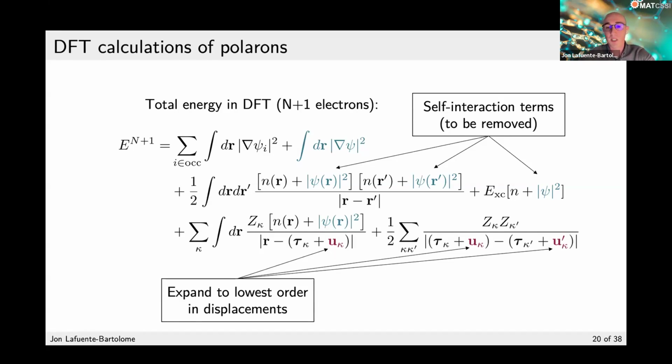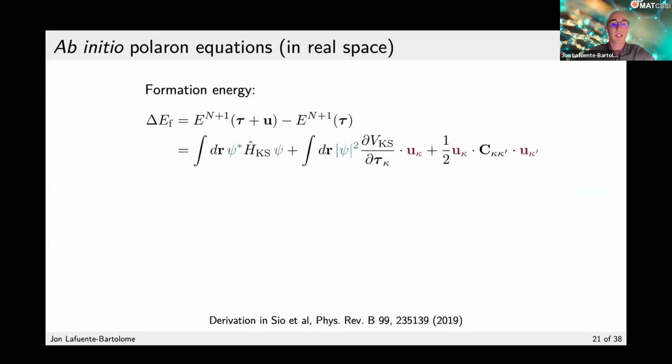After taking into account these steps, and after several other relatively straightforward algebra steps, one finds that the formation energy of the polaron, defined as the energy difference of the distorted configuration with respect to the periodic configuration, can be written as a functional of the polaron wave function psi and the displacements u only. So it will be a functional of these two functions.